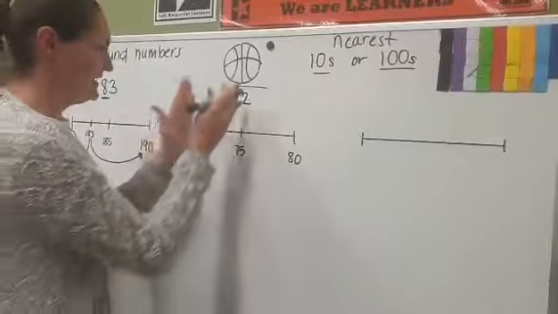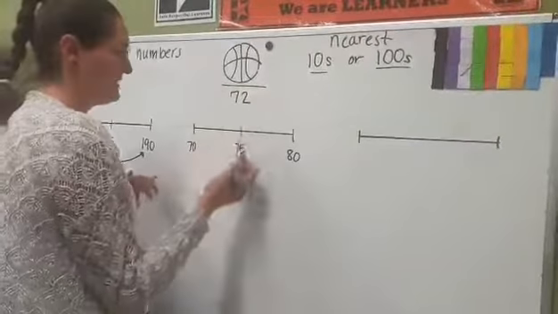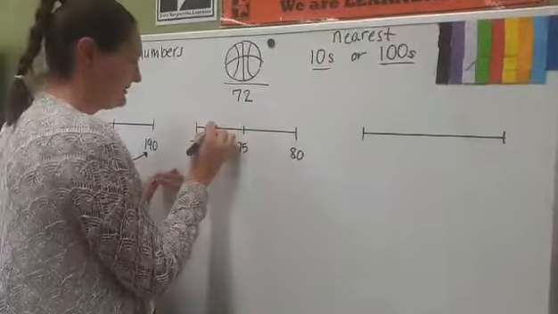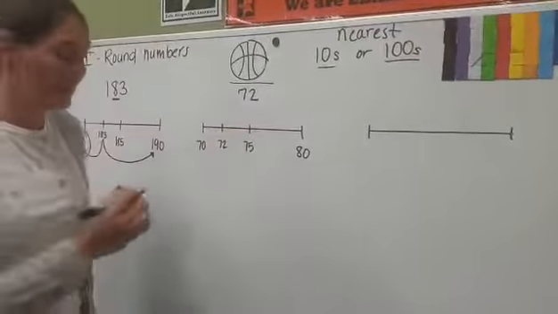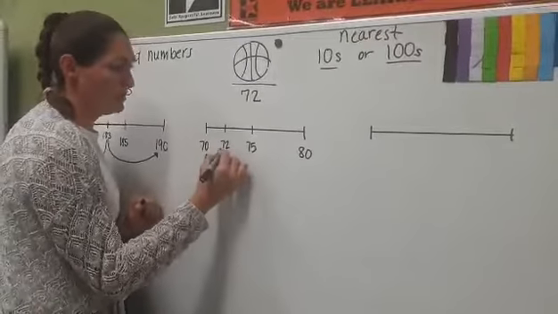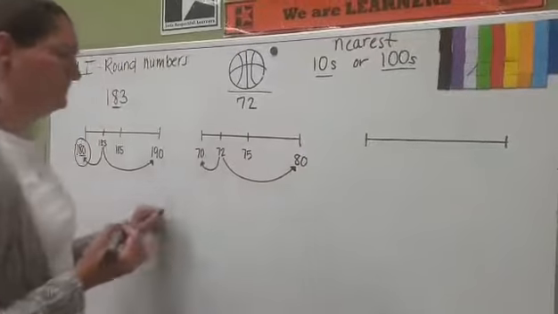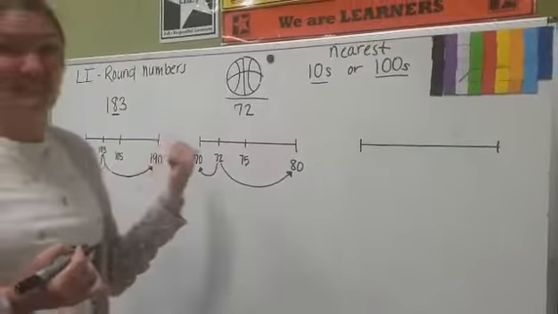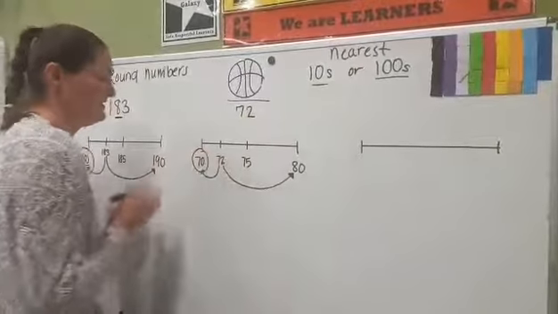I need to figure out, is it more or less than 75? It's less than, so it's going to be on the left. It's about right there. So we can ask ourselves again, with our arrow, are we closer to the 7 tens or closer to the 8 tens? I'm going to say the 7 tens. So I've rounded to the nearest 10, and it's 70.